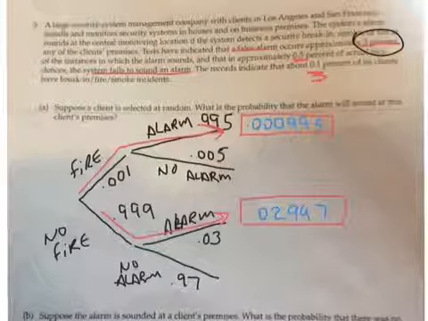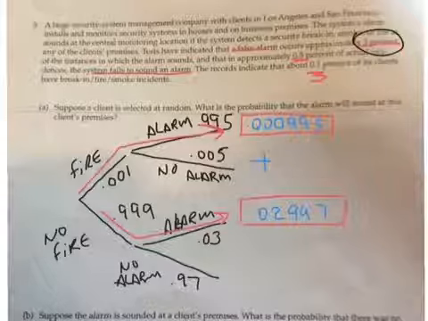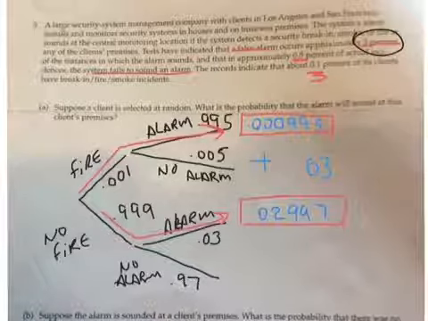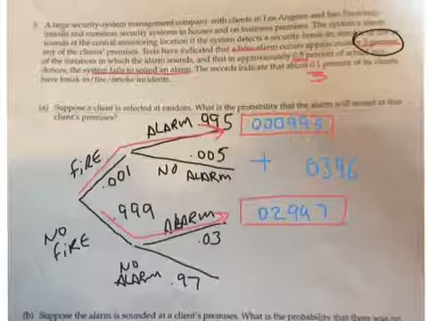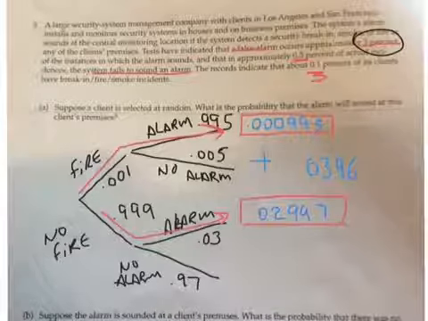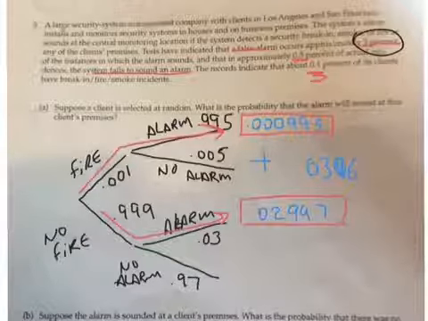So when you add these 2 together, you should get a result of approximately 0.0396. Oh, whoops. That's wrong. 0.03096.